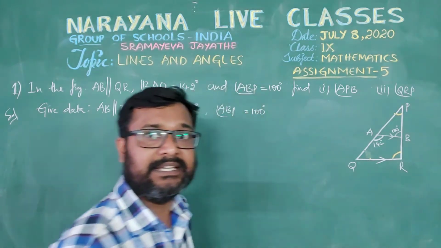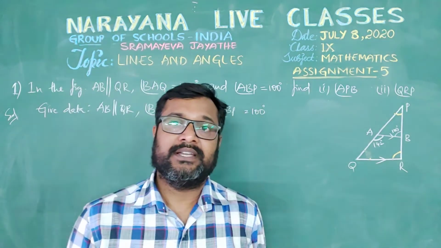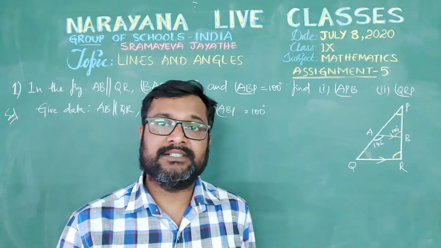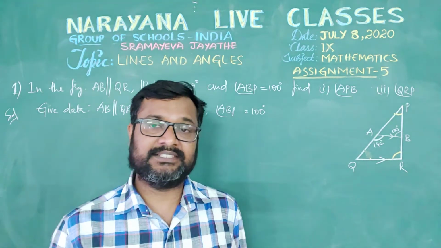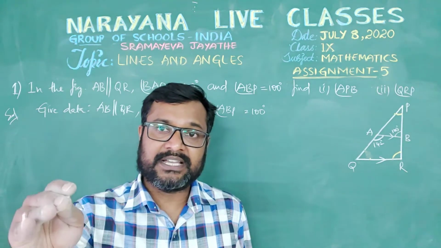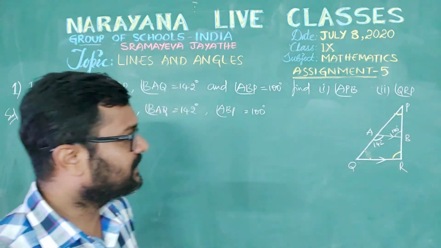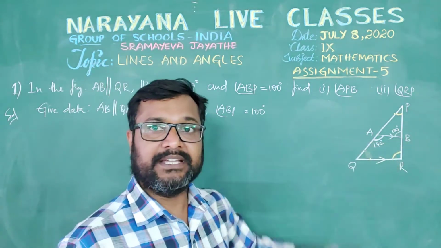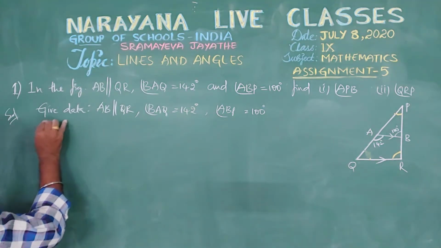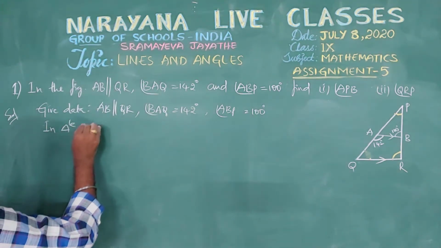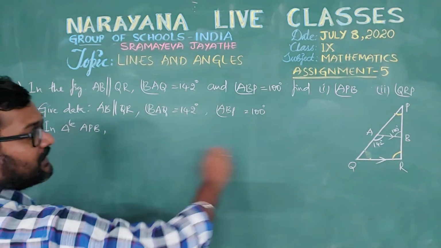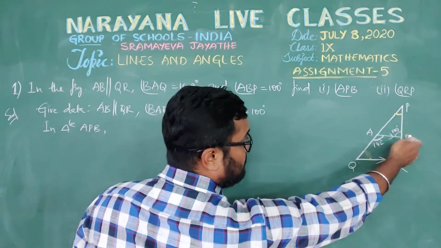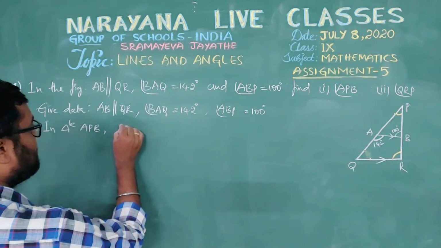We have one property in triangles. What is that property? The exterior angle of a triangle is equal to the sum of its interior opposite angles. You learned this earlier, and we will use that property here. In triangle APB, the exterior angle is BAQ.